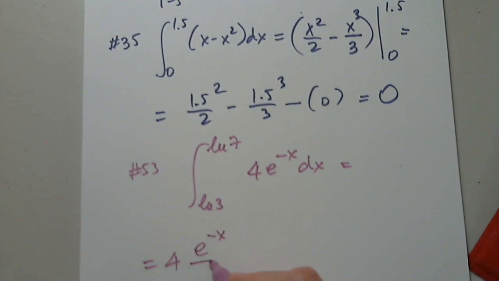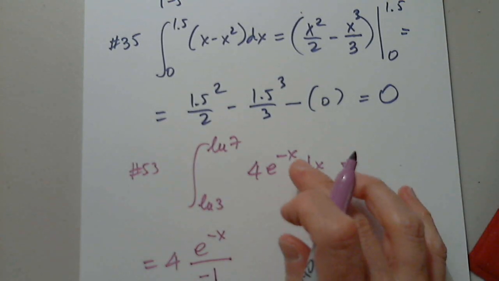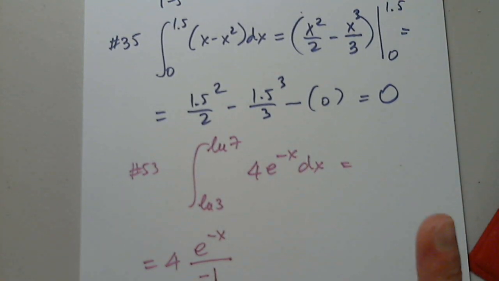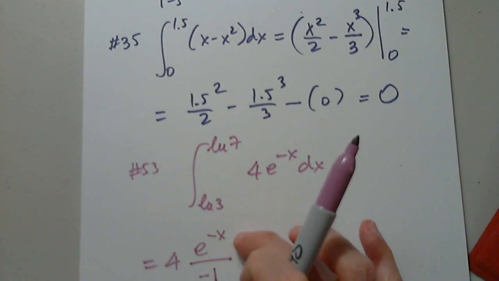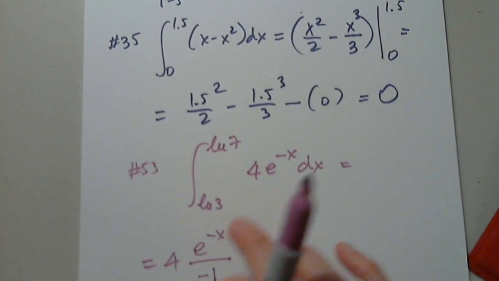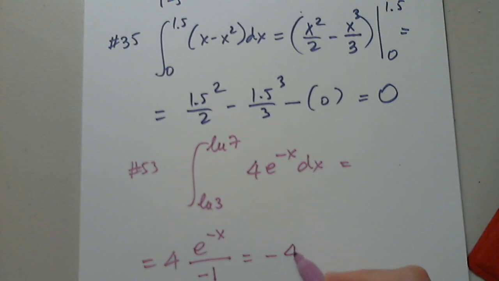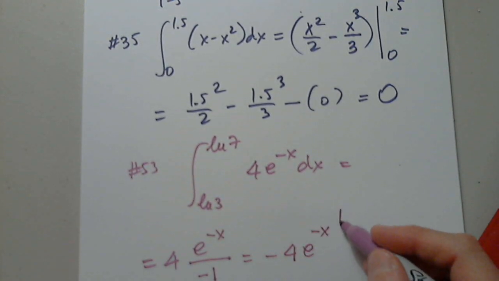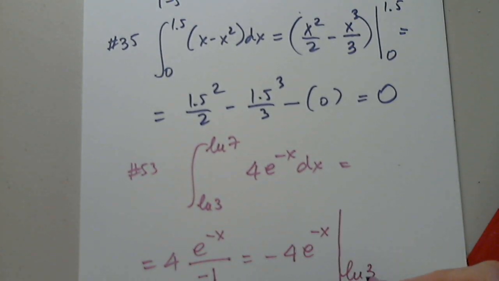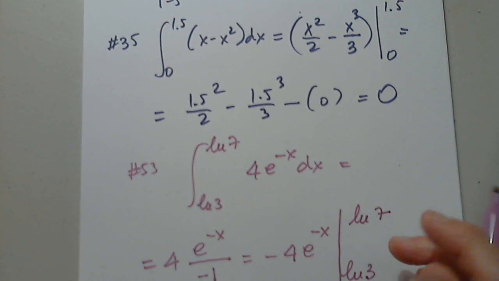Yes, e to negative x divided by negative 1. The power has to stay as is. Let's check. When I differentiate this, I have e to negative x times negative 1. That will cancel with this, and I get this back. So I will have negative 4 e to negative x from natural log 3 to natural log 7.